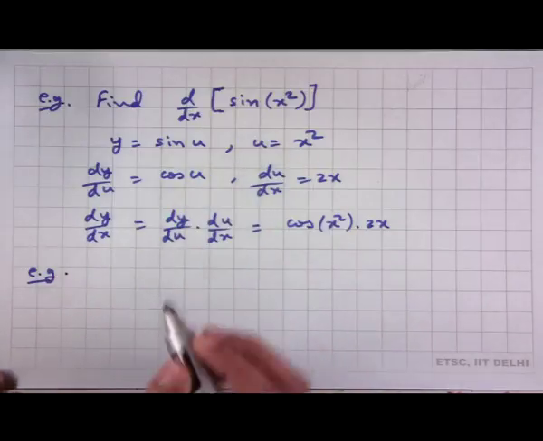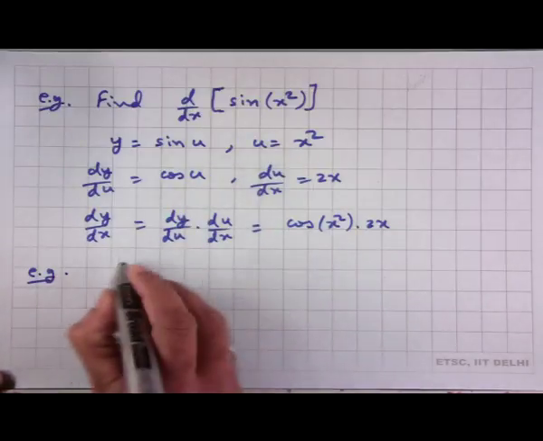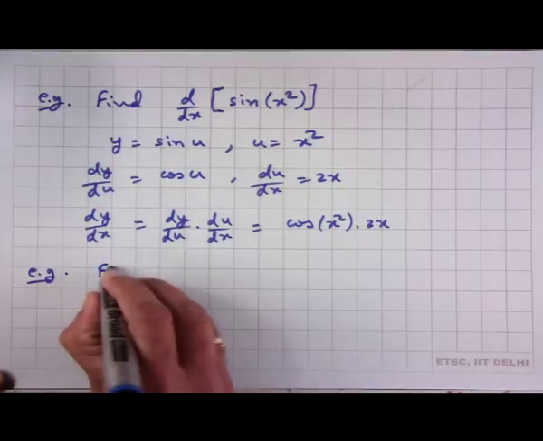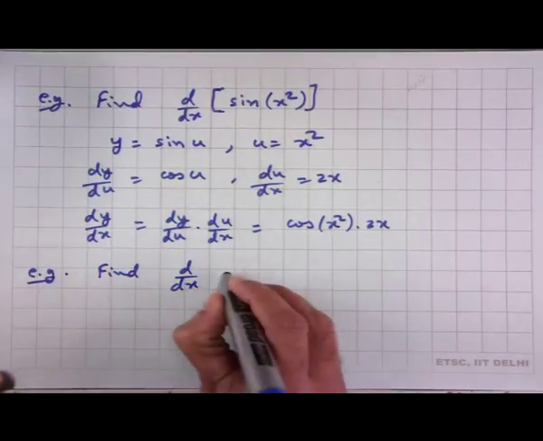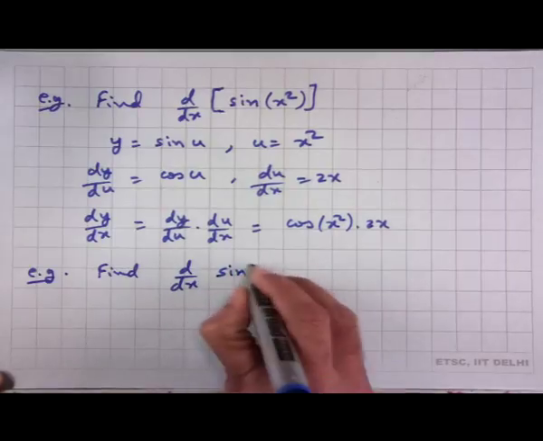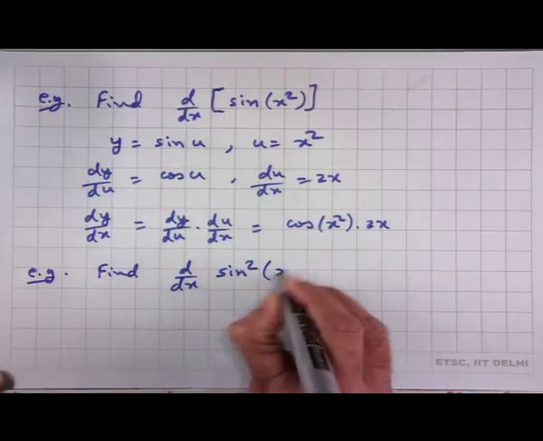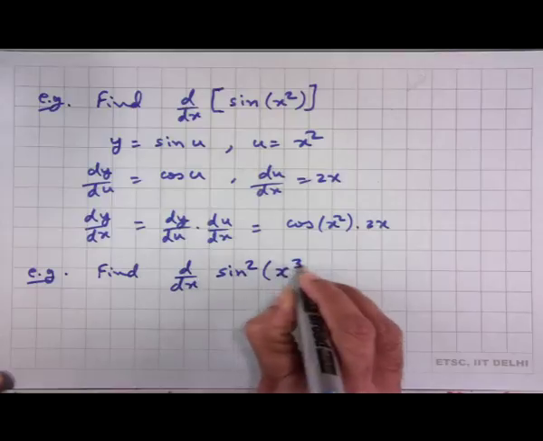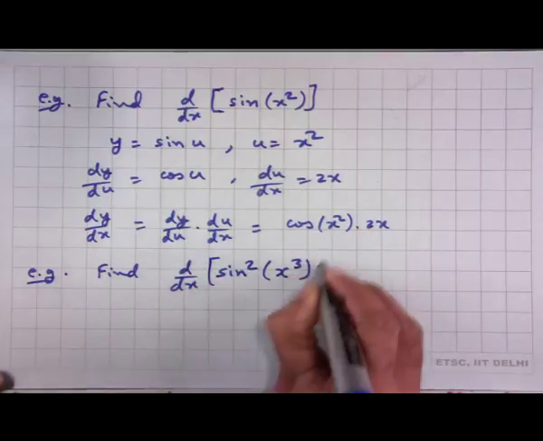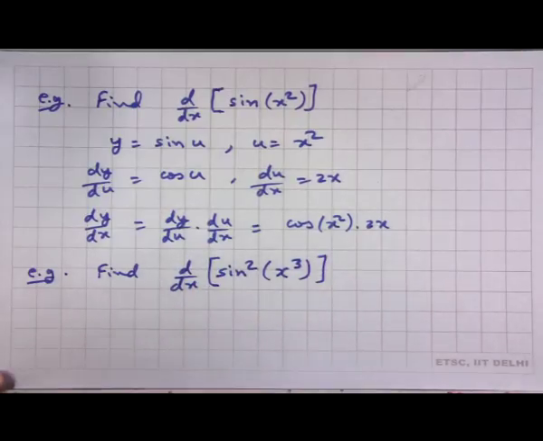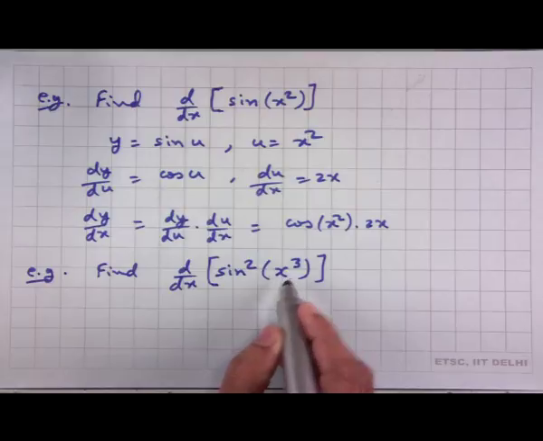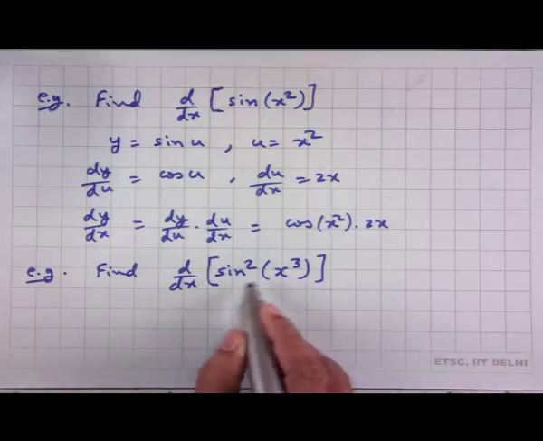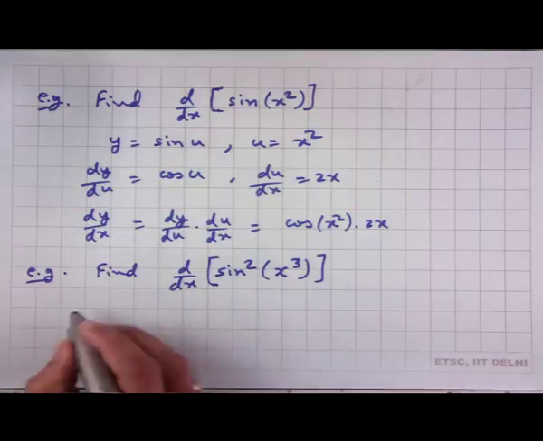Let us make it more complicated, and suppose I want to find d by dx of sine square of say x cubed. Here, if you notice, sine square x cubed can be written as a composition of three functions.